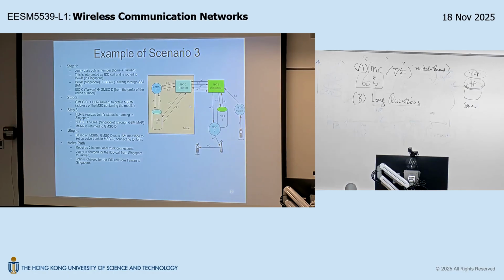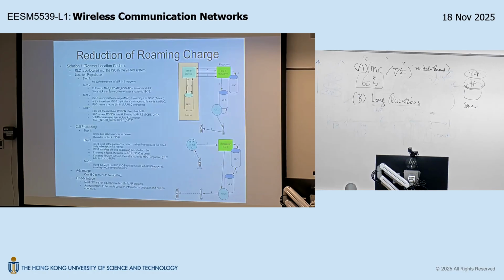So the only way to avoid this is to avoid setting up the trunk to the international switching carrier in Taiwan. So in solution 1, the stopping point is at the international switching center in Singapore. In this way, you avoid the unnecessary international segment.